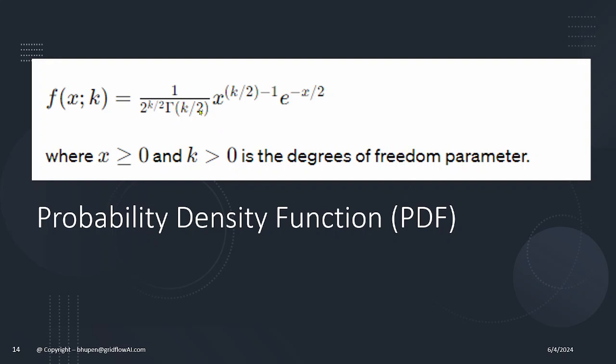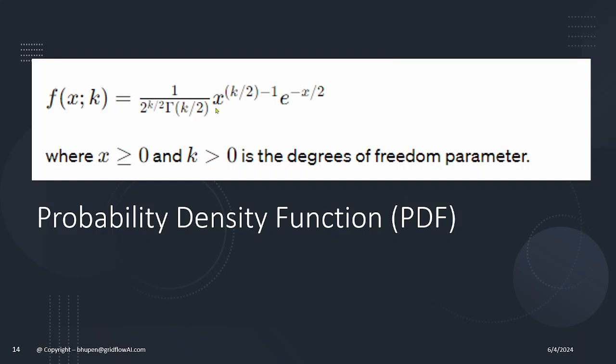That degree of freedom is used in this distribution. In the formula for the chi-square distribution, k is nothing but the degrees of freedom. For a given data set, you will have one value of degrees of freedom, and that value is used in the chi-square distribution.